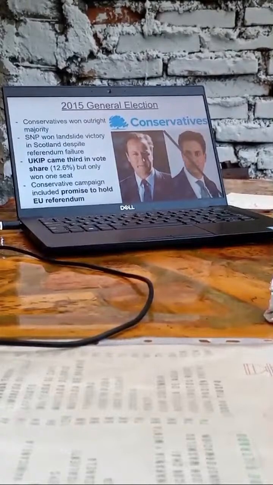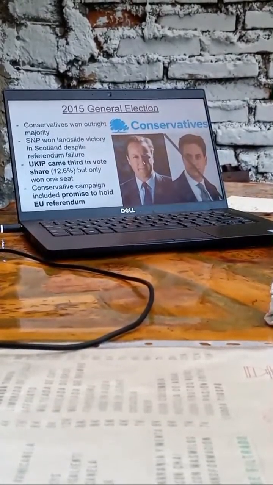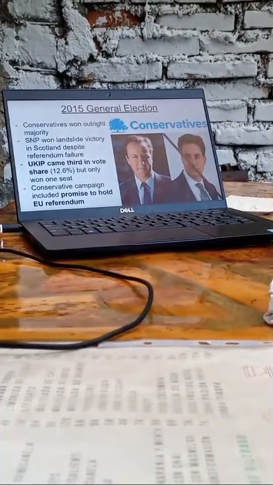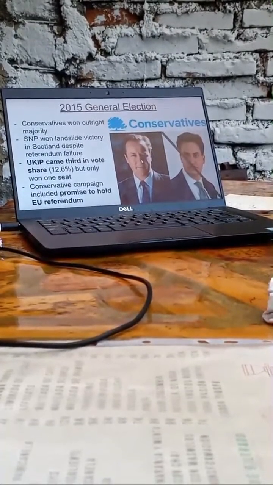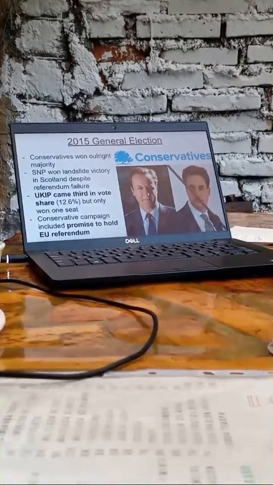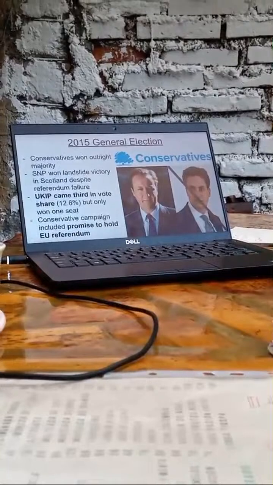Outright means, in this case, on their own. So they got the majority of the seats. They didn't need a coalition government, so they could do it on their own, and they did. In Scotland, the SNP won a landslide victory, pretty much every seat, despite failing the referendum the year before. They still won.